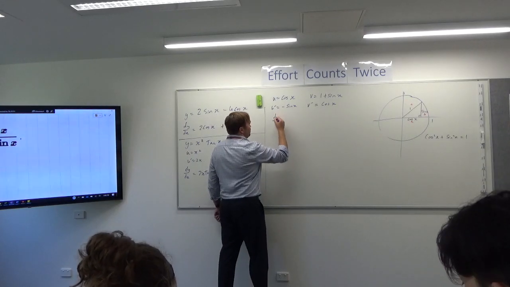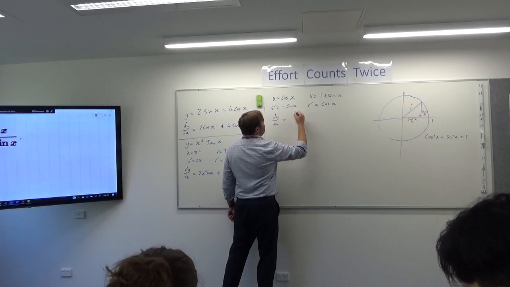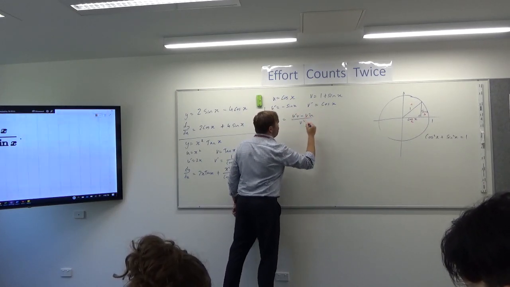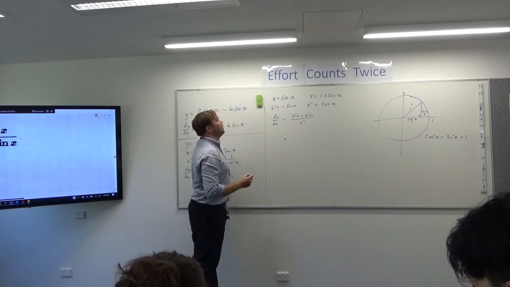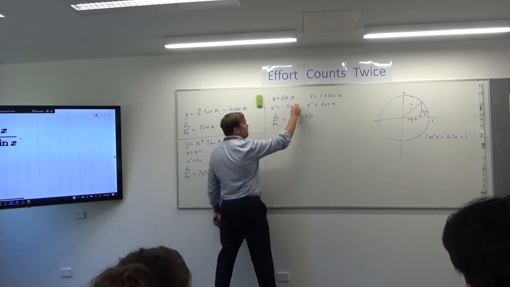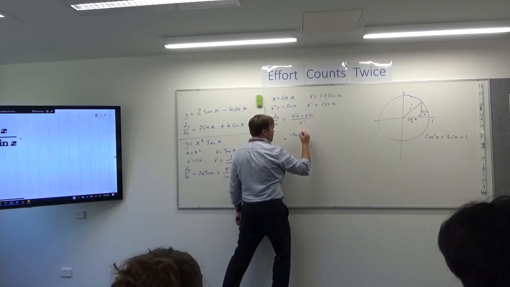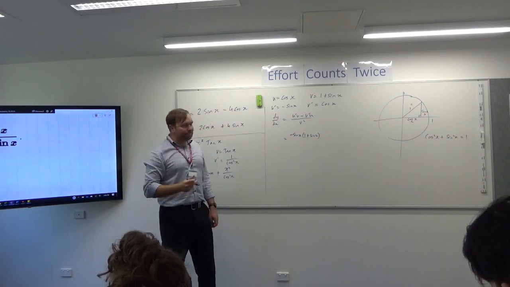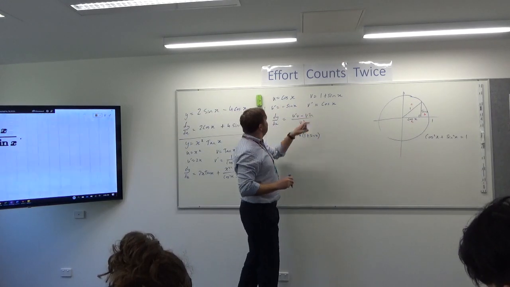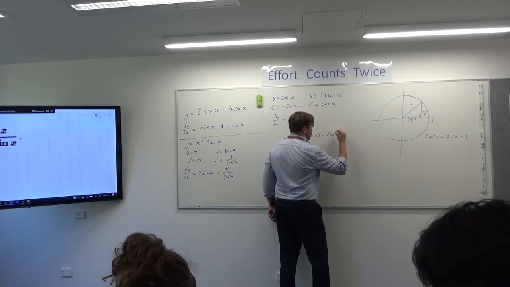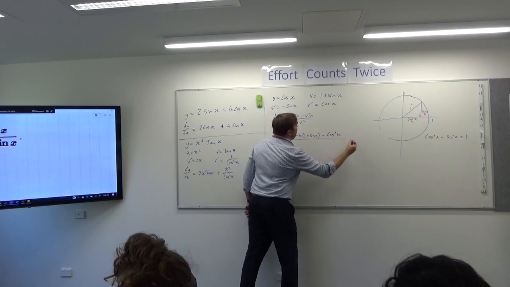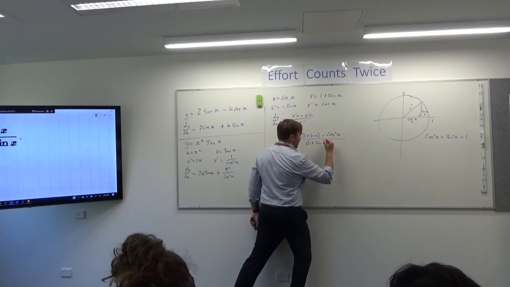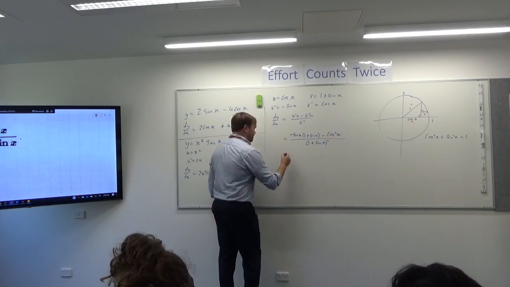Then the derivative is u dash v take v dash u over v squared, and it's a matter of substituting. So u dash v is minus sine x bracket 1 plus sine x, take v dash u, so take cos squared x, over 1 plus sine x squared.